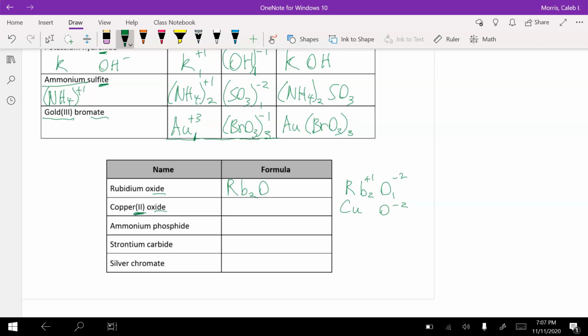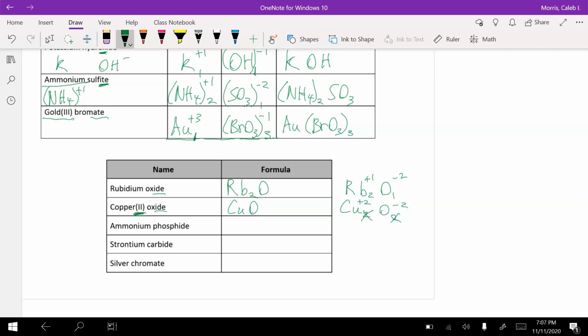Cu, and it's got a positive 2 charge. Positive 2 and negative 2 already cancel each other out, so I really don't need to do anything else. It's just CuO. That's the easiest way to do it. If you forget about that, crisscross and reduce. 2, 2, and then you can reduce that 2 to 2 ratio to be a 1 to 1 ratio because they cancel out.